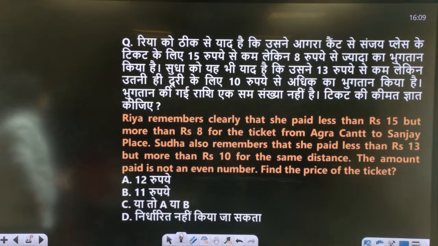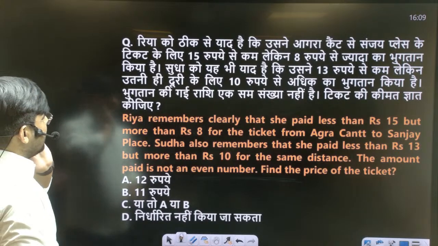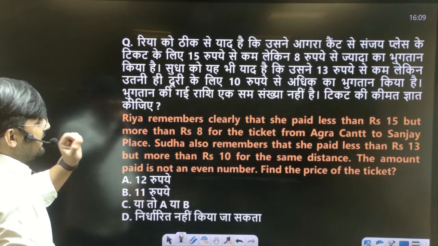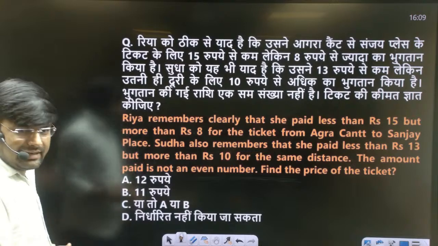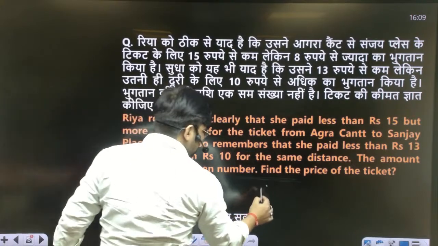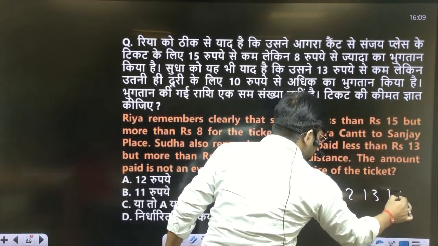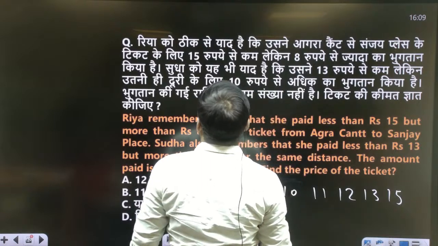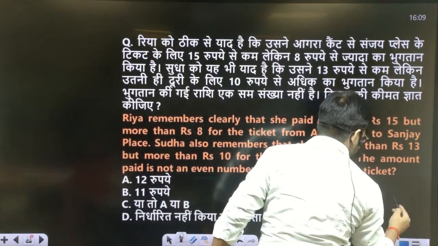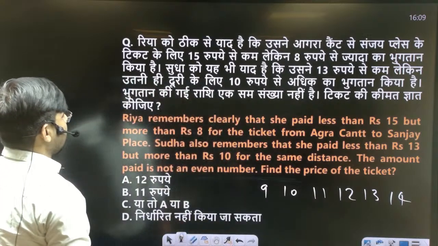What is the answer? B. Let's see. Priya remembers clearly that she paid less than 15 but more than 8. It means 9, 10, 11, 12, 13 and 14.